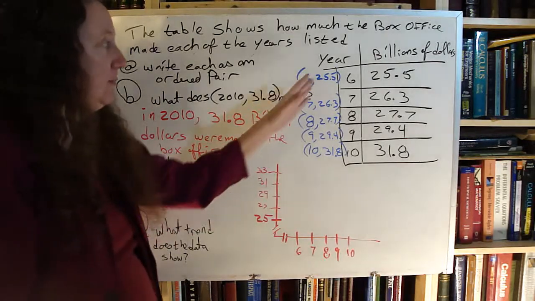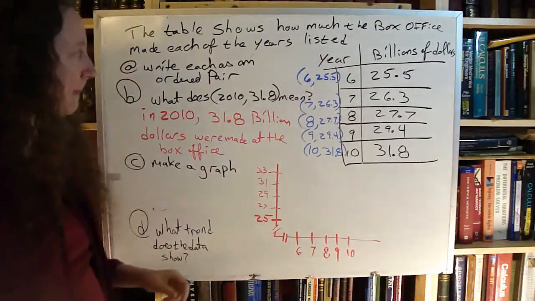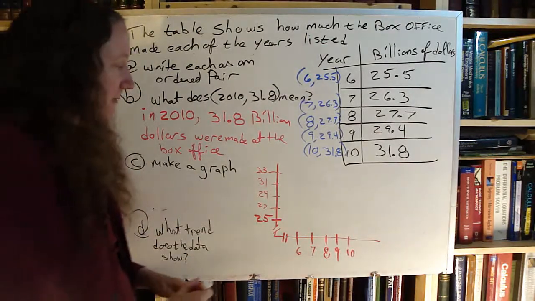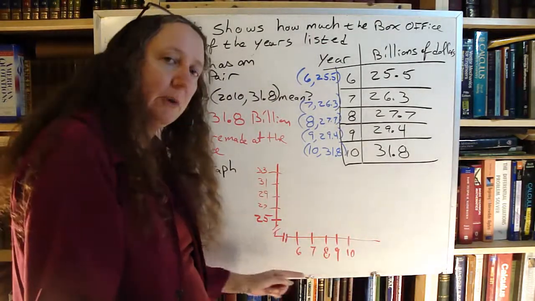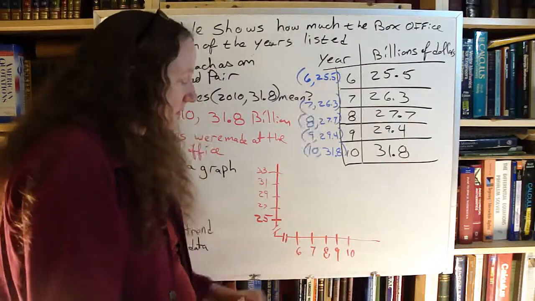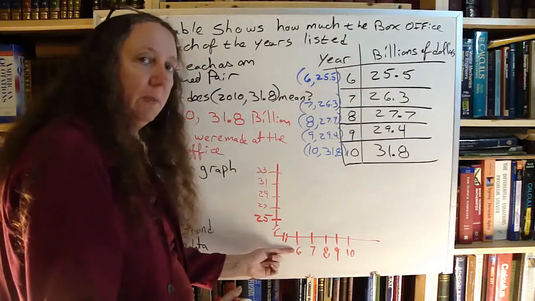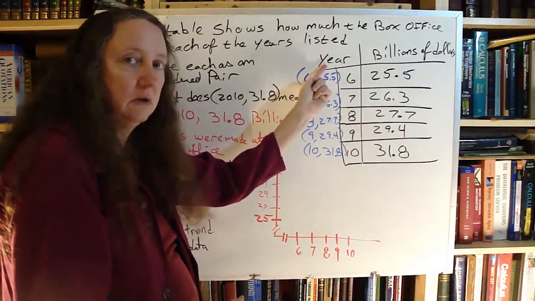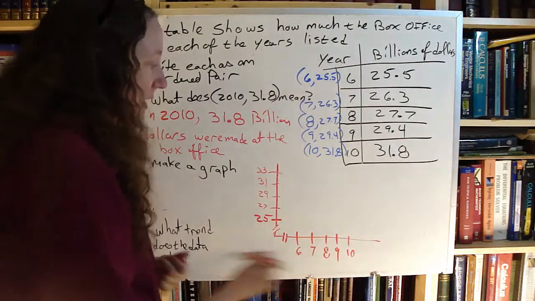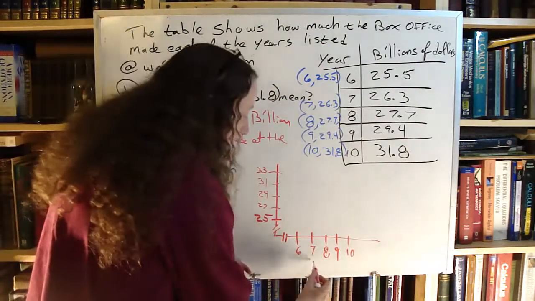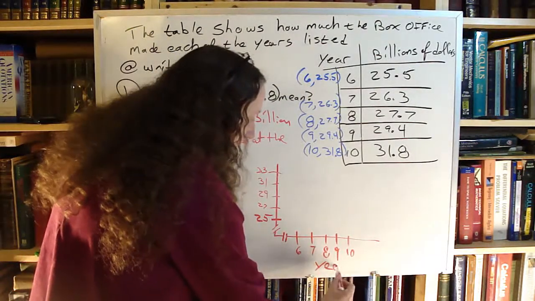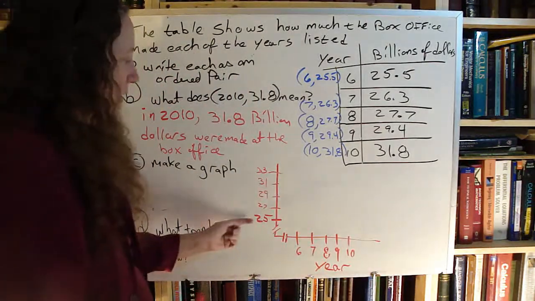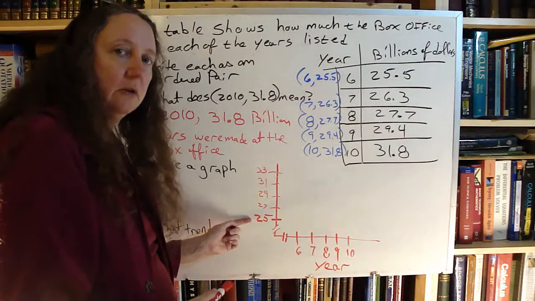So now I have to actually put these points down. Before I put my points down, there's something else missing from my graph. What do these numbers represent? What does 6 represent? The year. So I need to label this as years. What does 25 represent?